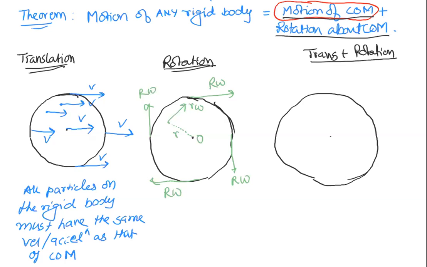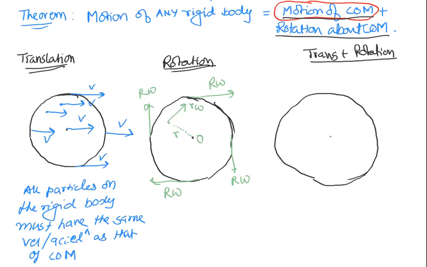So what the theorem is trying to say is that if you want to find the velocity of a particular point on an object which is rotating and translating, you forget about the rotation for a moment and draw the velocity vector of that point considering that the object is only undergoing translation.